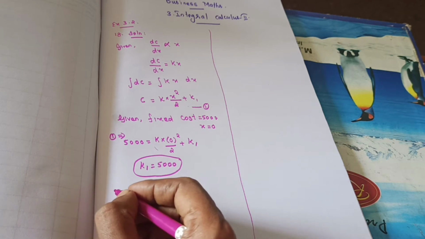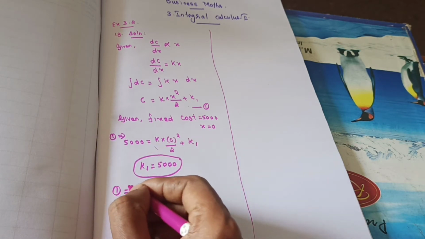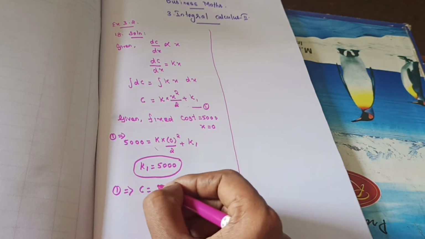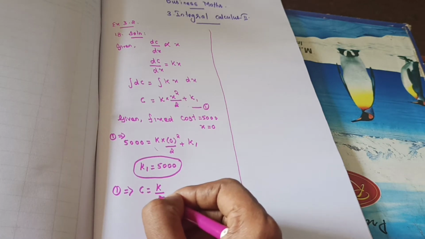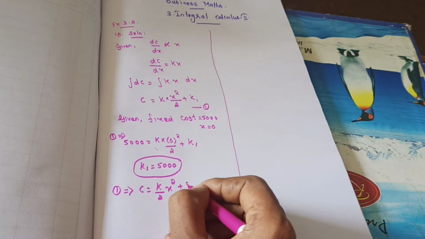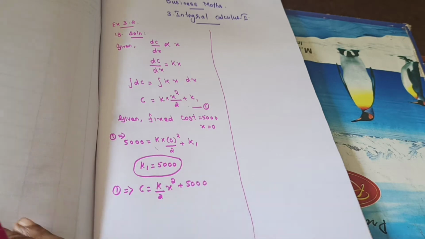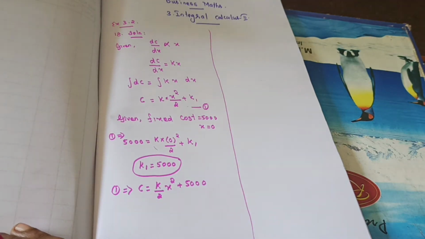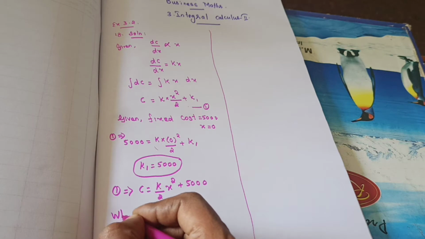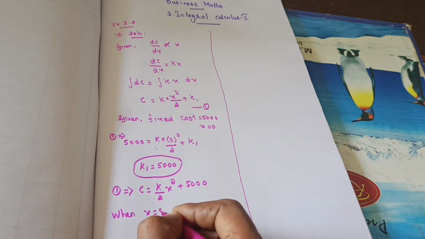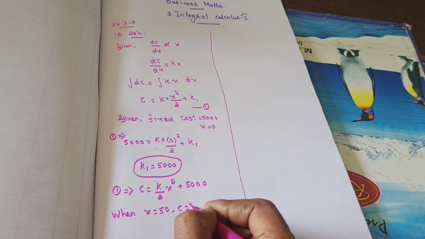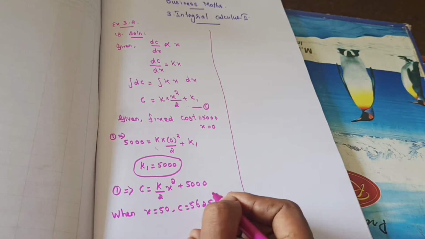Okay, now apply this in equation number 1. C is equal to k by 2 into x square plus 5,000. Then now again see the question. When the fixed cost is rupees 5,000 and the cost of producing 50 units, so when x is equal to 50, C is 5625.